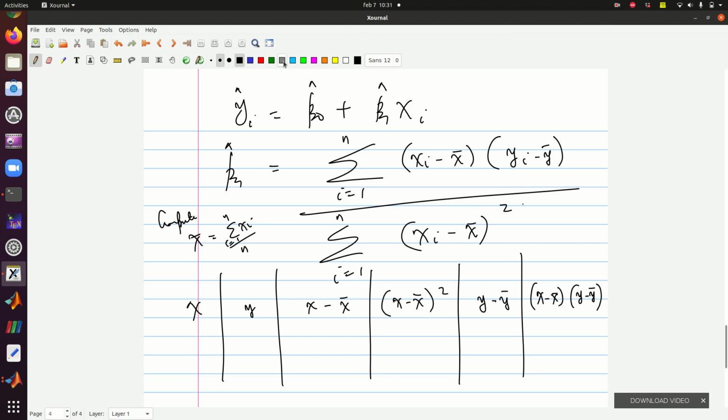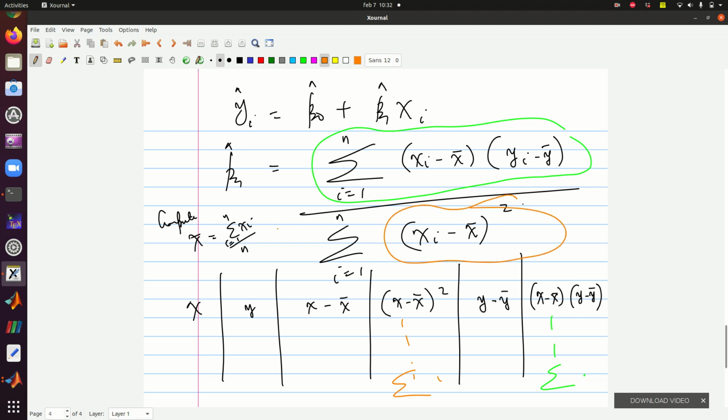At the end, you sum the values to get the numerator, and you sum up the squared values to get the denominator. Then you compute that, and compute b naught accordingly. So that is what you do.